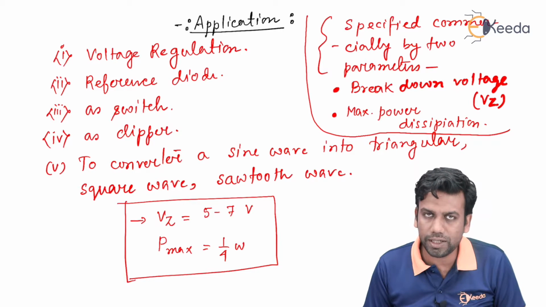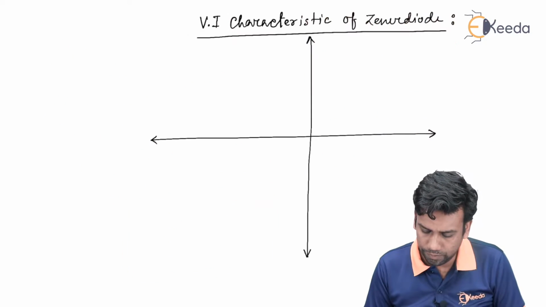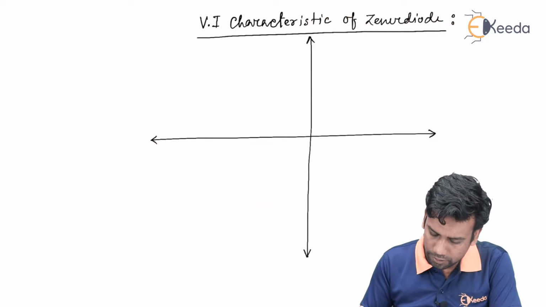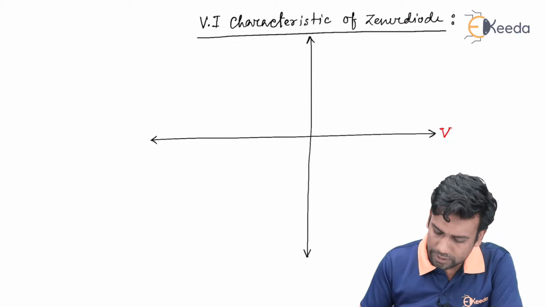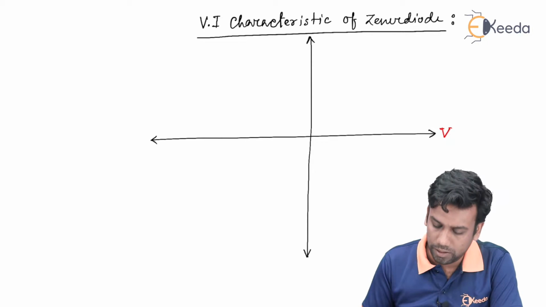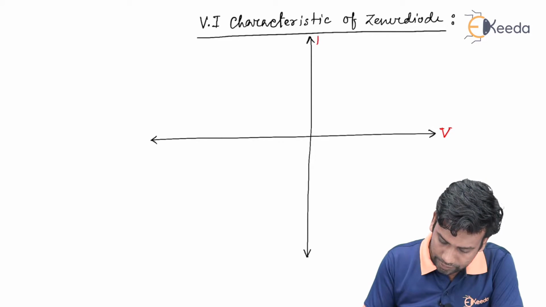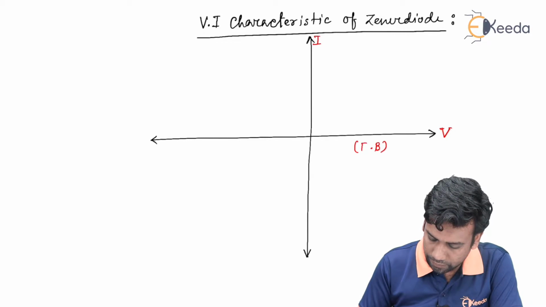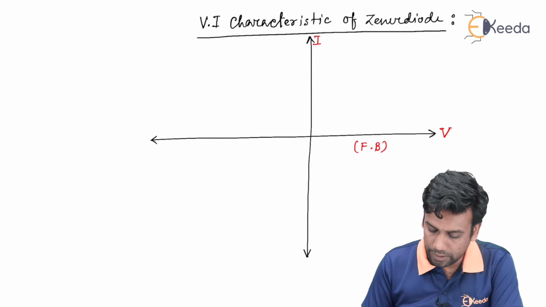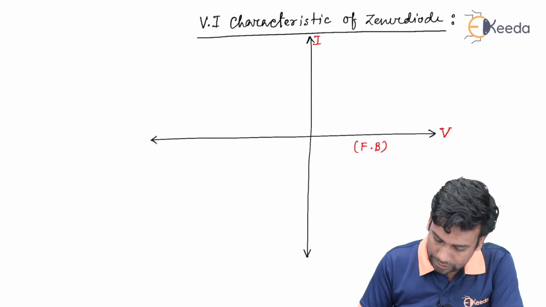So, let us see what are the forward bias characteristics and the reverse bias characteristics of a Zener diode. The characteristics look like this. In the forward bias, if this is the voltage on the x axis and this is the current on the y axis, we know that this first quadrant will be the forward bias. Then the characteristics look like this.